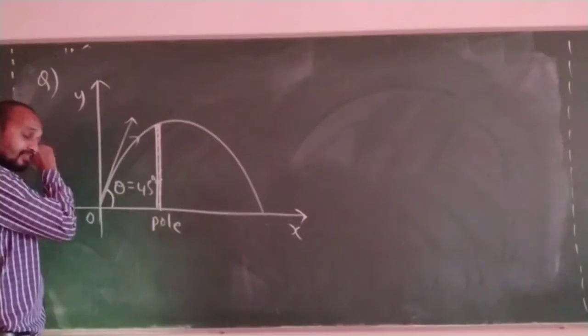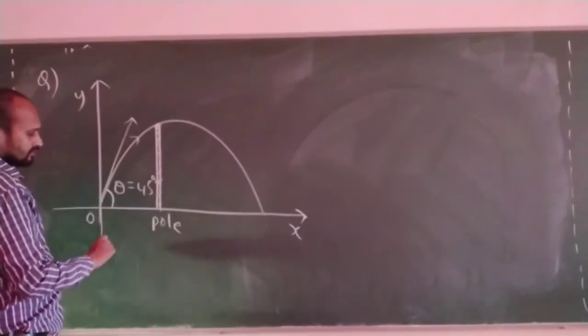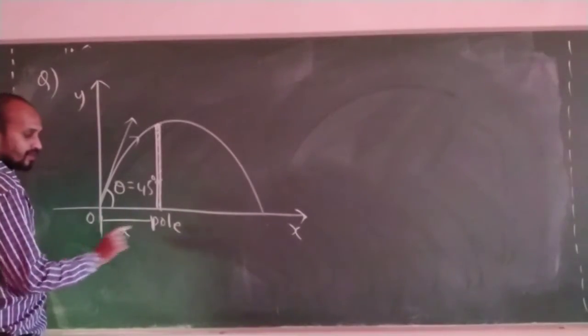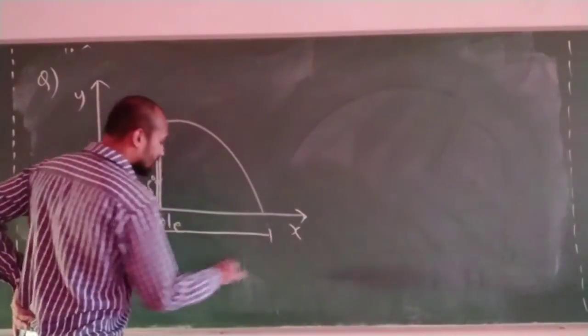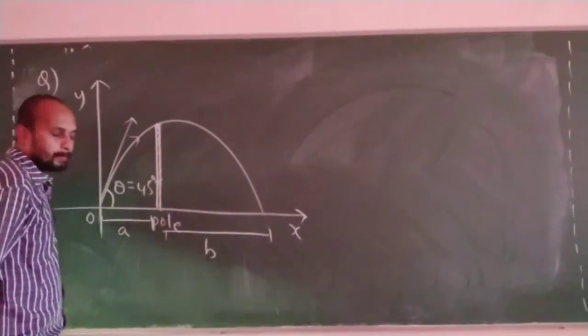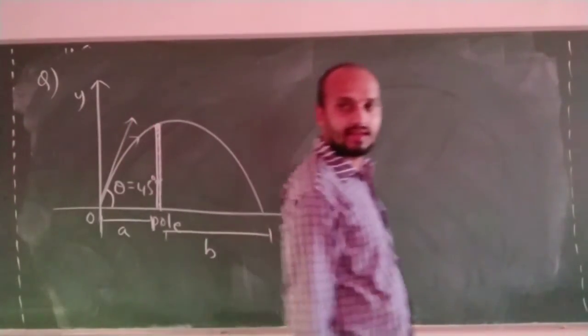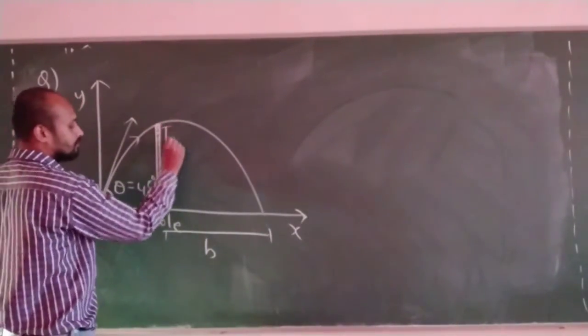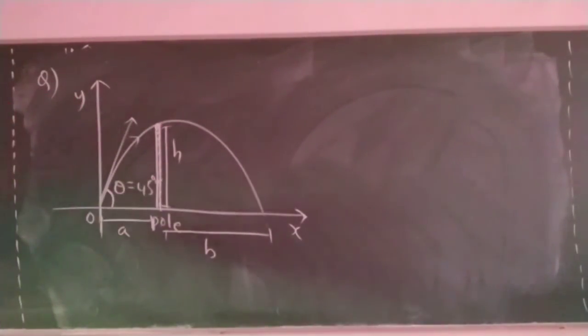Now what happens? The pole is at distance A from the origin, and from the pole, the object will fall down to the ground at a distance B. This is what he has given, and he has given the height of the pole is h. Now what is his question? His question is very simple.